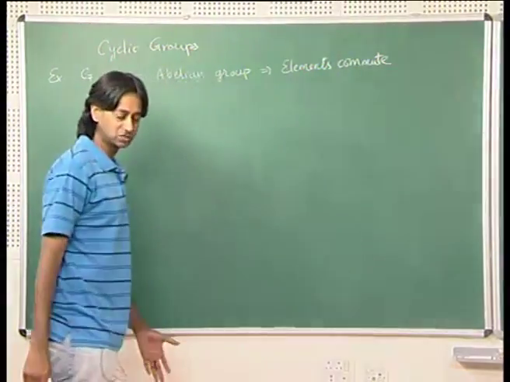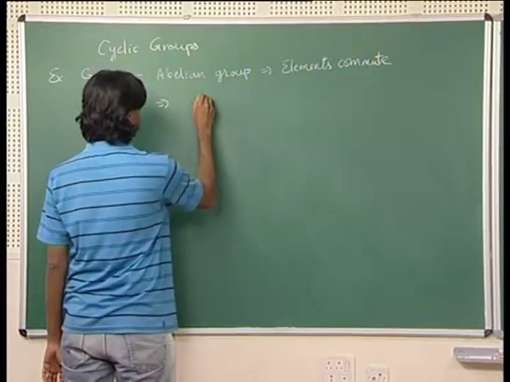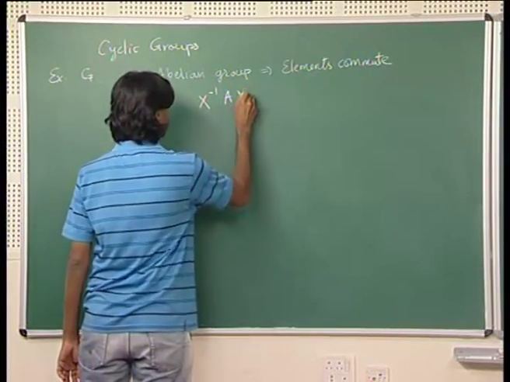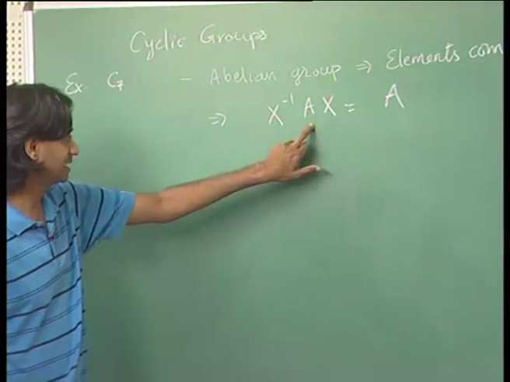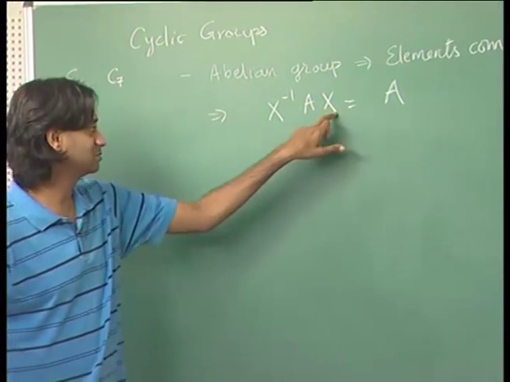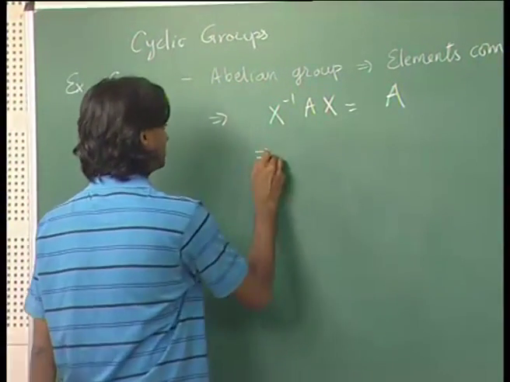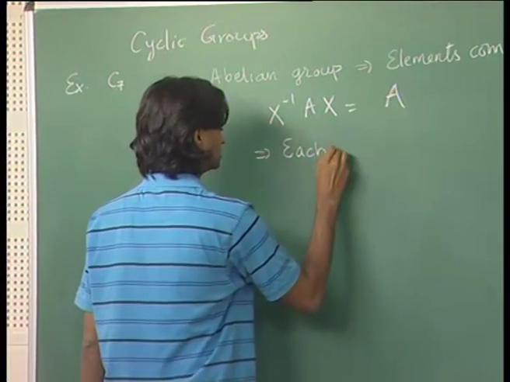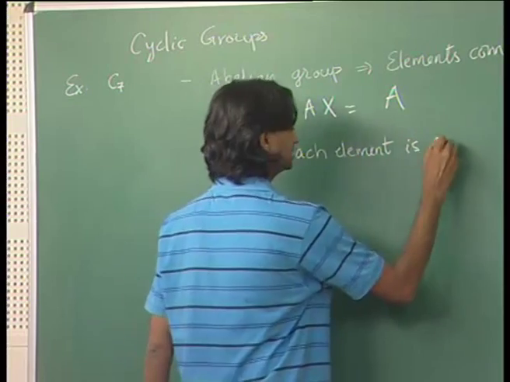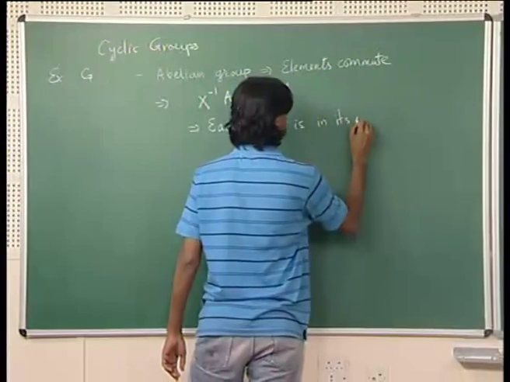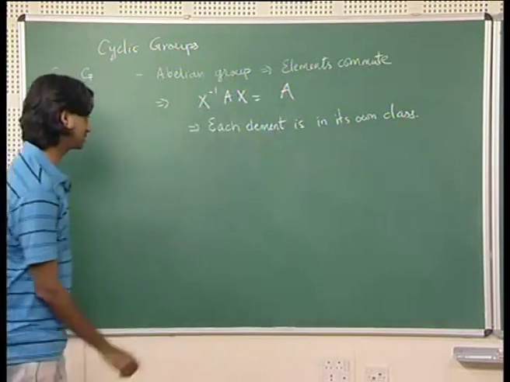So all operations of the group commute with each other, and that implies that x inverse A x is equal to A. x inverse A is the same as A times x inverse, so A times x inverse x is nothing but A. So this implies each element is in its own class. Okay, so each element is in its own class.